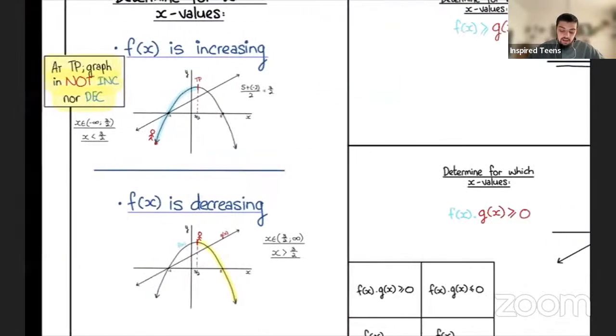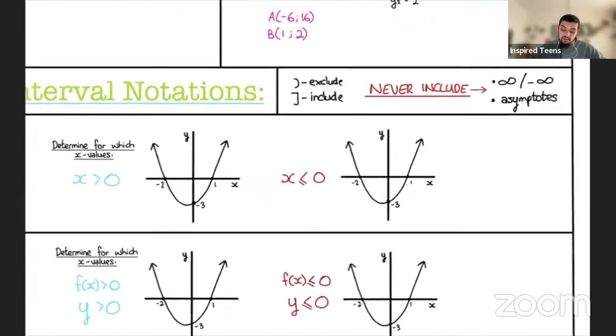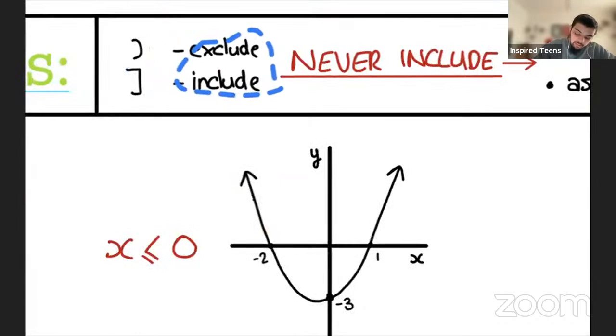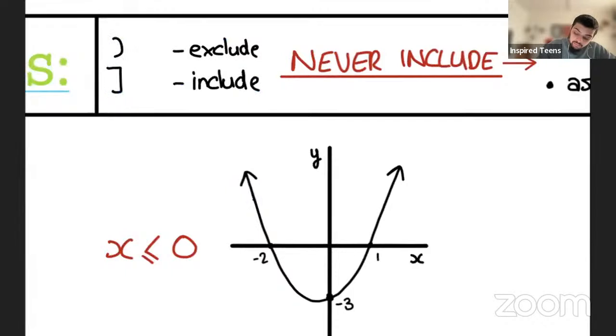Okay, so those are increasing, decreasing. Don't worry, we're going to do plenty more. I just want to add one more thing about excluding and including. Remember for the other notation as well, here we have the circle bracket, or alternatively we could also have the other one.